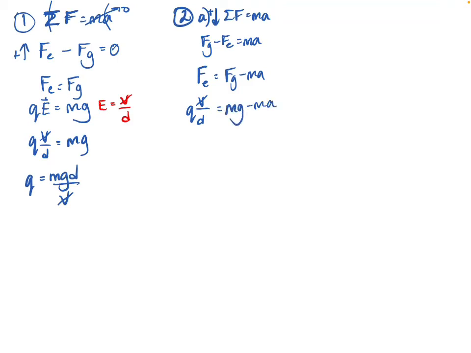Fg is, of course, mg. We want to subtract ma there. And then if I want to find Q from there, I multiply both sides by D and divide by V, the voltage. Okay, so what we end up getting is mg minus ma times the distance between the plates divided by the voltage.